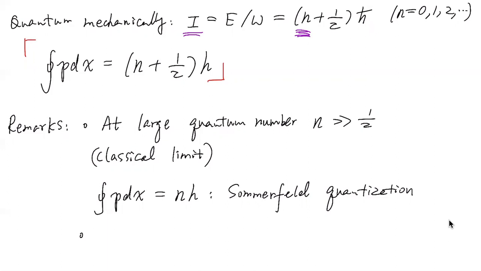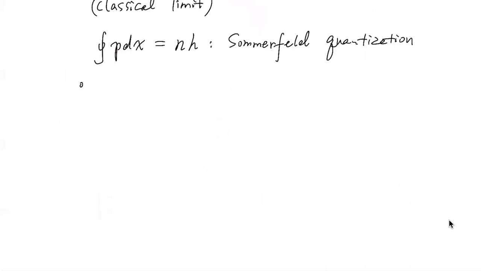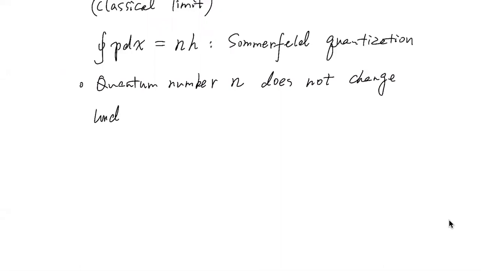Therefore, we can say the quantum number n, or the quantum state characterized by this quantum number n, does not change under adiabatic change. This is actually a very general observation, and this is very important. And this gives us the adiabatic theorem.